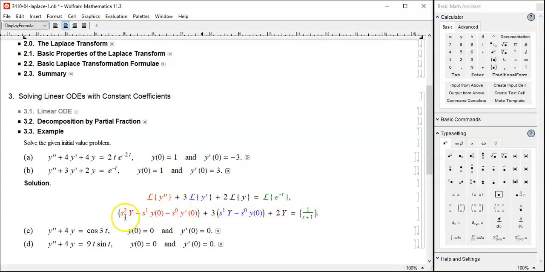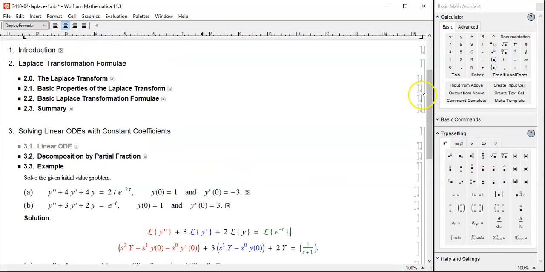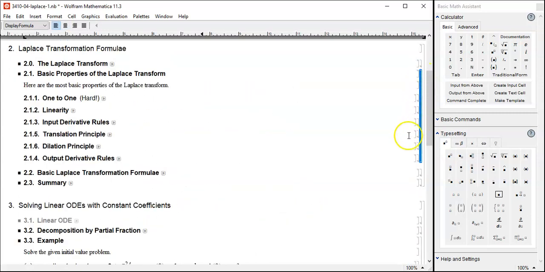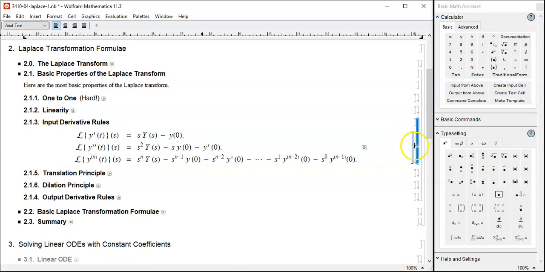By the way, the derivative formulas are not difficult to memorize. They are here. S to the nth power capital Y, then n minus first power, n minus second power, they go down, down, down, all the way to the 0th power.